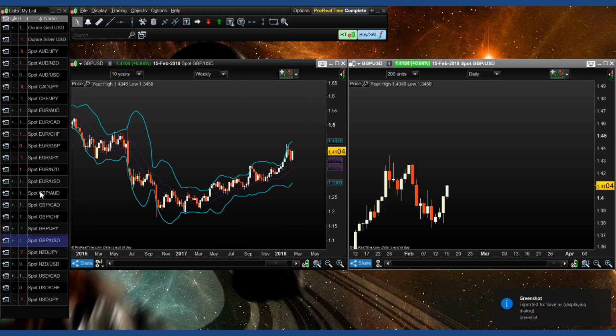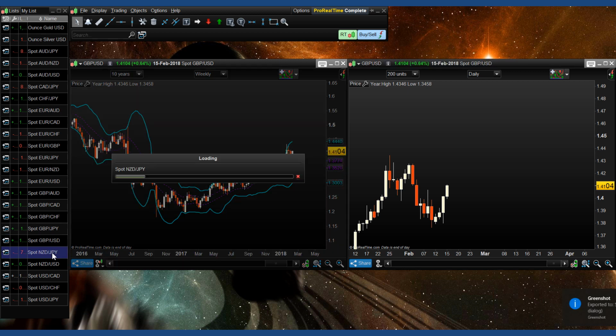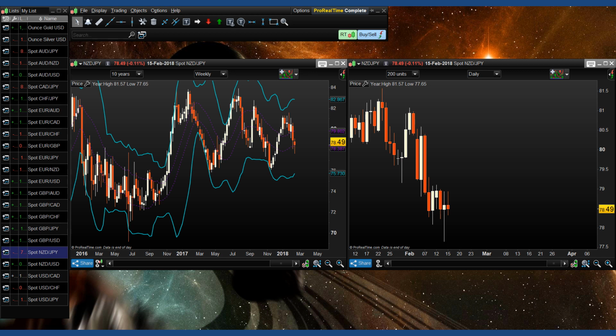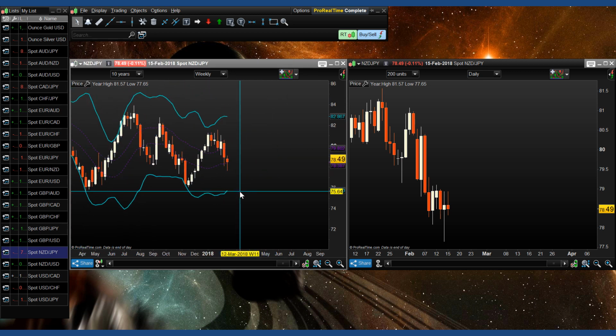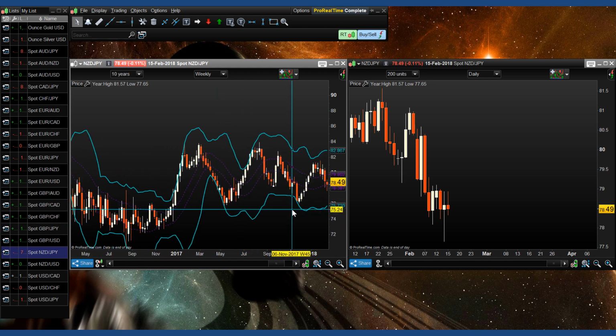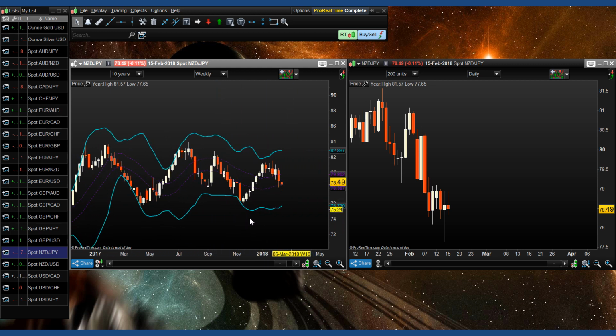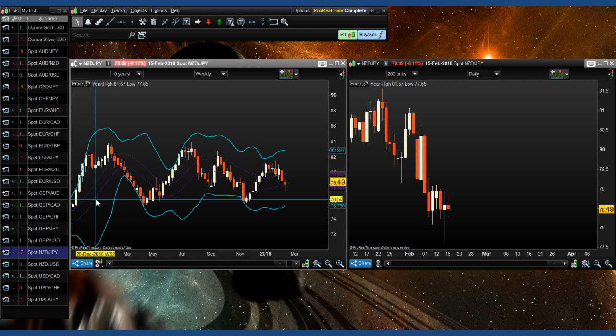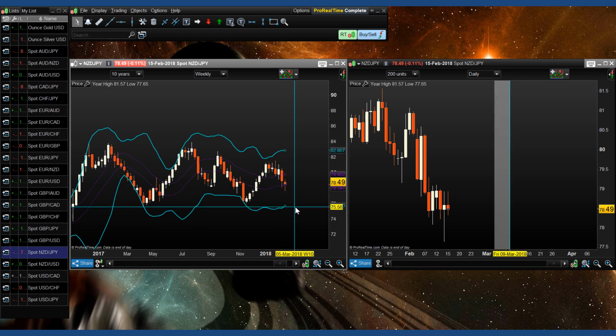And the last pair that I'm trading for the next 4 weeks is New Zealand Japanese yen. On weekly chart, you can see this pair really hasn't actually moved very far at all since December 2016. It's been trapped between 84 and 75.